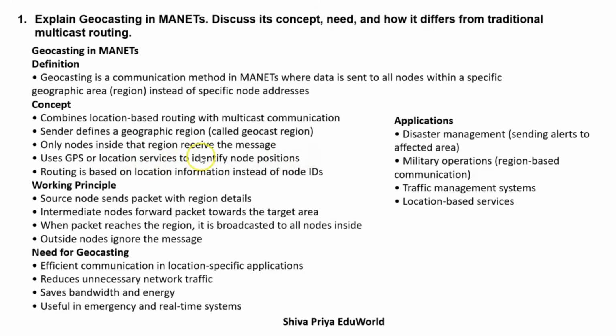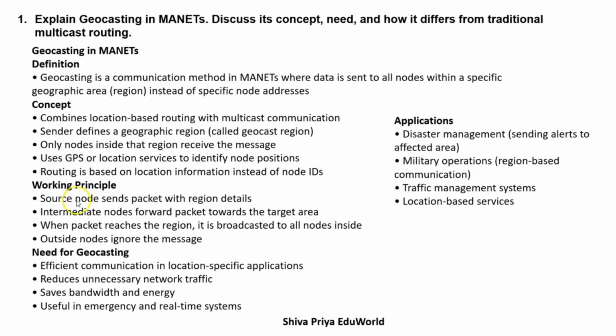Clear? How will it send to those particular nodes only? It will use the GPS or the location services that will identify the node positions, so that it can easily send the messages to those particular nodes based on the geographic area. Routing is based on location information instead of node ID. As I already told you, it doesn't go with the node address, it will go with the geographic area.